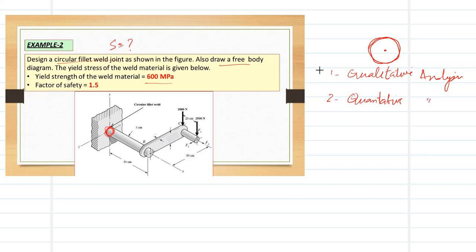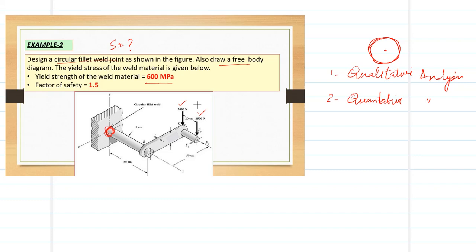In the qualitative analysis, we want to find what types of stresses are there in this joint because of this load. So we have two loads here, one here, one here. The first analysis we are going to apply is a qualitative analysis, which is: what are the natures of the stresses that are exerted on this circular weld.